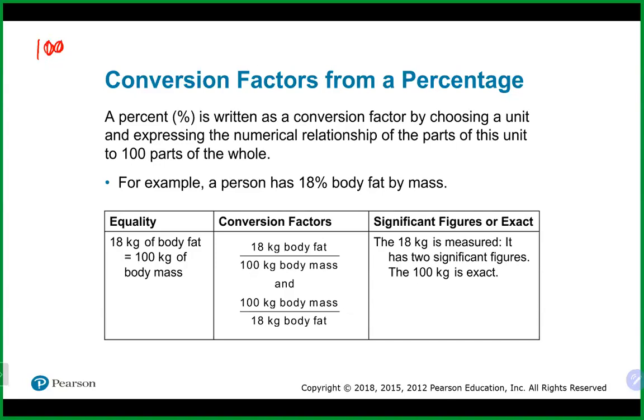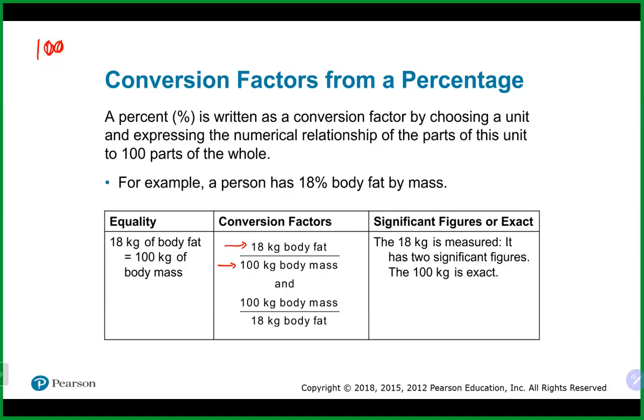So if we had somebody with 18% body fat by mass, that means he has about 18 kilograms of body fat per 100 kilograms of body mass. That gives us our conversion factors here of 18 over 100, or 100 kilograms of body mass over 18 kilograms.